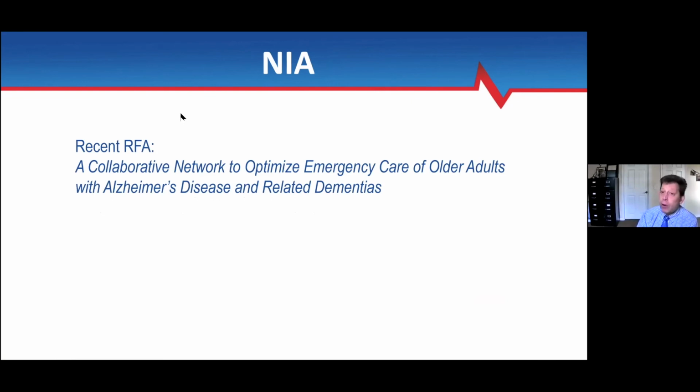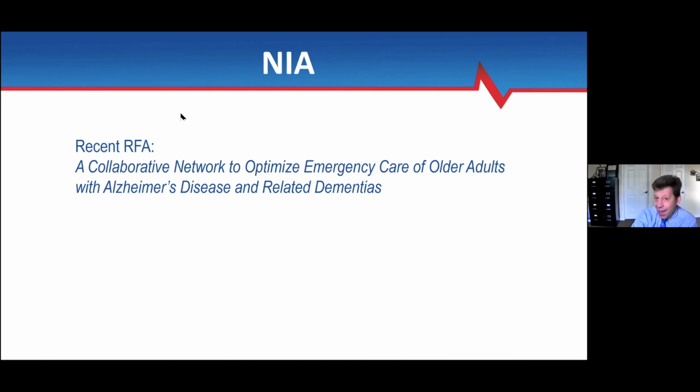NIA also is devoted to geriatric emergency medicine and to emergency medicine in general. I think, and again, I'm biased, but I think more than many other institutes. In fact, recently, there was an RFA that many of you may be aware of, a collaborative network to optimize emergency care for older adults with Alzheimer's disease and related dementias. We became part of the GEAR network, and that was the winning group for that particular RFA.